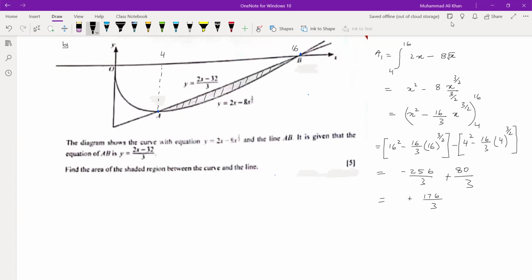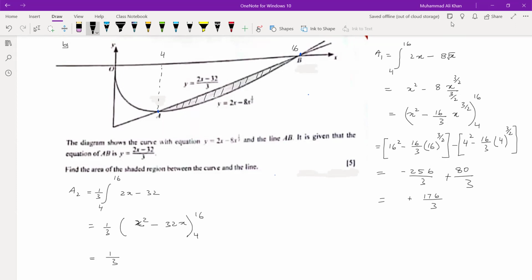After that, we have to integrate from 4 to 16 the equation of a line. So it will be 2x minus 32 divided by 3, here it is 1 over 3. After the integration, it will be 2x squared over 2, meaning x squared, minus 32x. The limits are from 4 to 16.